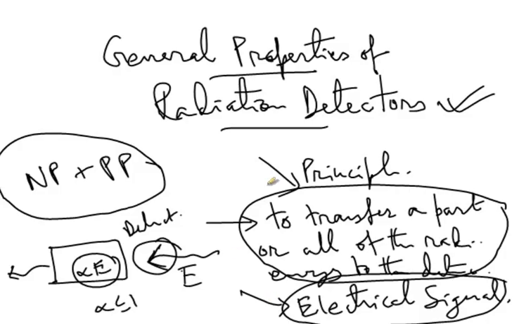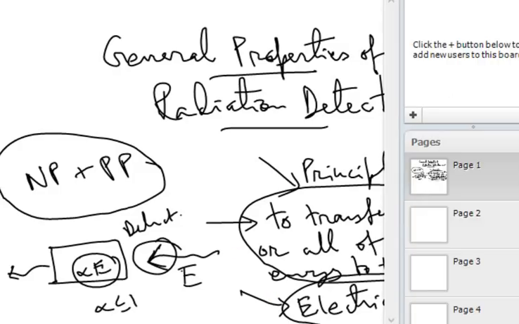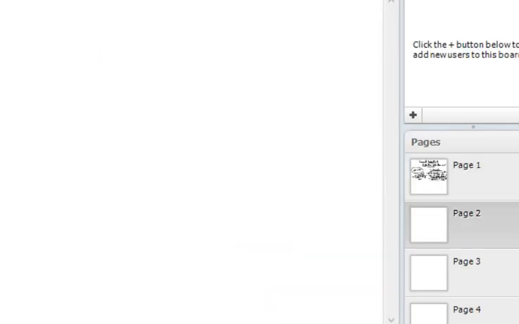Now let me go to the next slide. Regarding this transfer, you already know that charged particles, CP, I am writing in short, transfer their energy to matter, or the detector. When I say matter, I mean detector. Of course, the detector is made up of matter.